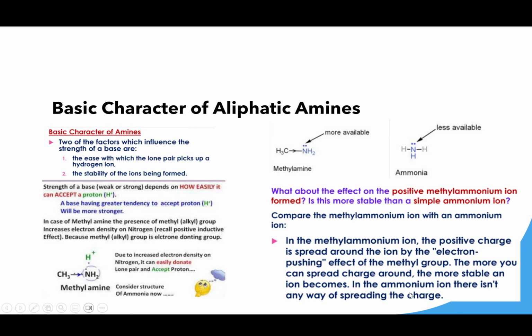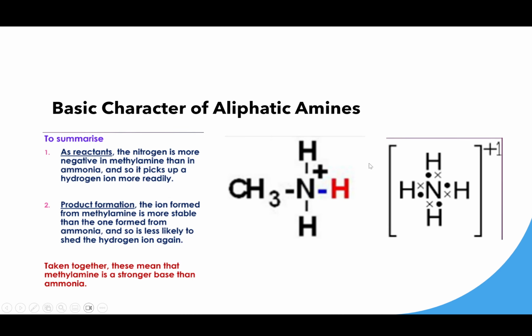In the methyl ammonium ion, the positive charge is spread around the ion by the electron pushing effect of the methyl group. And the more you can spread your charge around, the more stable your ion becomes. In the ammonium ion, there isn't any way of spreading the charge. So let's have a look at the ion specifically.